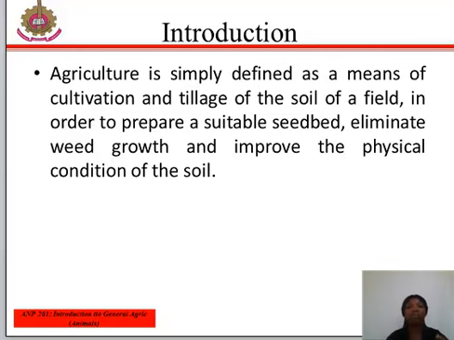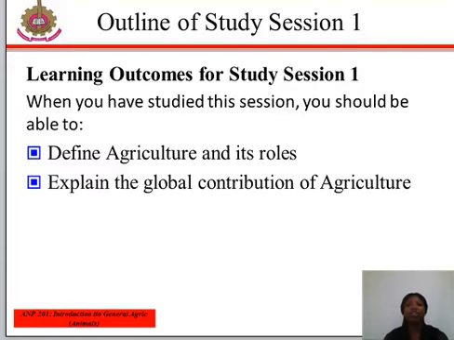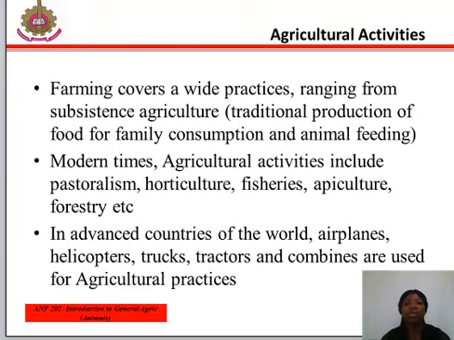Agriculture is not only basic to human existence but also an important factor in determining the complexity of the global socio-economic change from the original, simple, and primitive hunter-gatherer cultures. Therefore, the role of agriculture in human development cannot be overemphasized. At the end of this study section, you should be able to define agriculture and its roles. You should be able to explain the global contribution of agriculture.